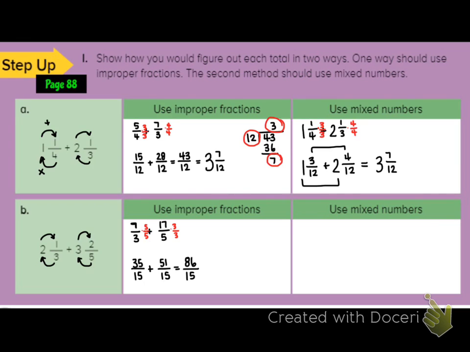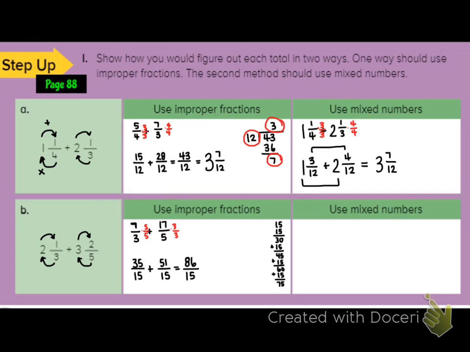So now I need to know how many times 15 goes into 86. Another strategy you could use when you do this is to count by 15s. So 15 plus 15 is 30, plus 15 is 45, plus 15 is 60, plus 15 is 75. And if I add another 15, I'm going to get to 90.